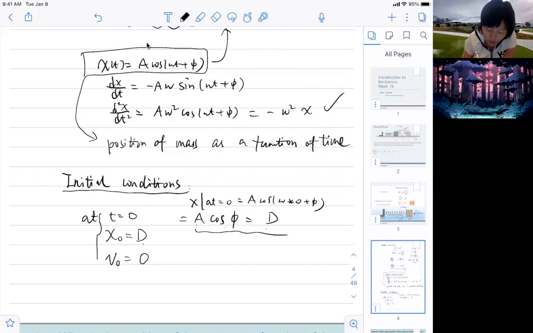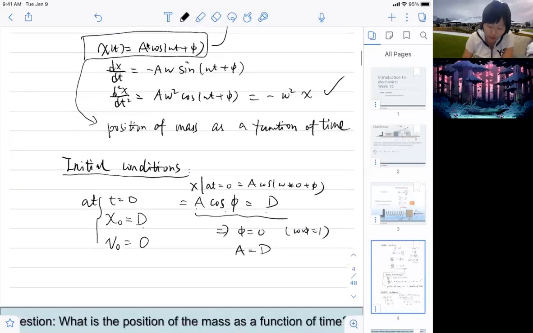So to make this equal, you need phi to be 0, so that cosine phi is 1. And you need a to be the maximum distance d. So we call a the amplitude of the oscillation, because that's how far you can go to each side. You cannot go further than the distance you were given to begin with, right? If I drag 10 centimeters and let go, the second time it comes back it is not going to go beyond 10 centimeters. It's going to be at most 10 centimeters without friction. So that's the amplitude of the oscillation.